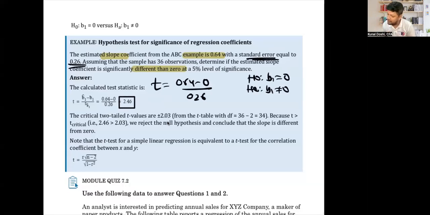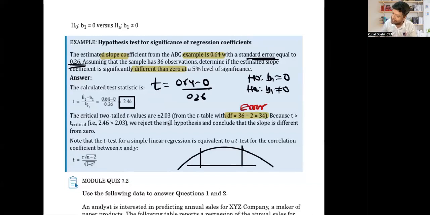This you will compare with the table. For 95%, you know the upside is 1.96, slightly greater. The degree of freedom will be n-2 for the error. Degree of freedom for the error is n-2 because there are two variables here.